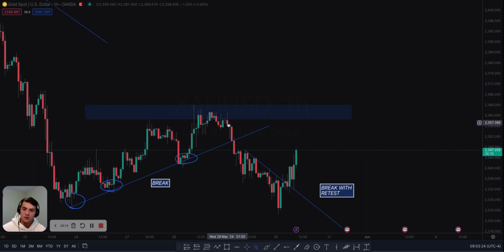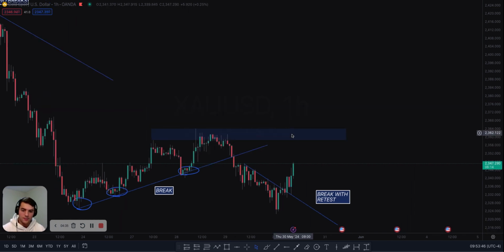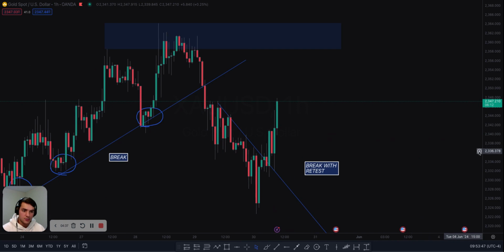It formed a confirmation here for a selling candle. The next candle is also bearish, the third candle is also bearish, and then you have this trend line. So you have two options from this trend line. You could either reverse like we did over here, or you could break below, and then price will just keep going down. All right, the next trend line is the break with the retest.